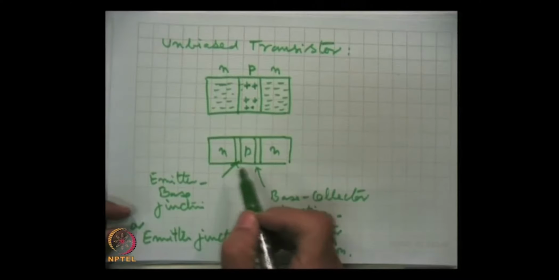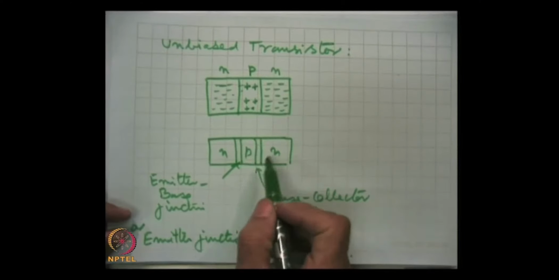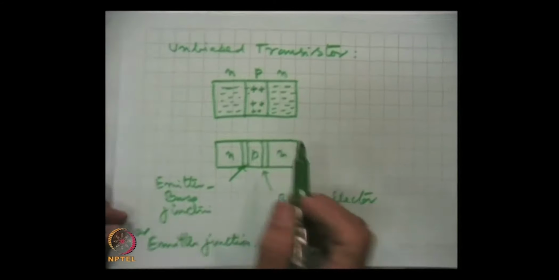Now, these junctions, emitter junction and collector junction, let me draw another diagram to illustrate that these are the space charge regions.